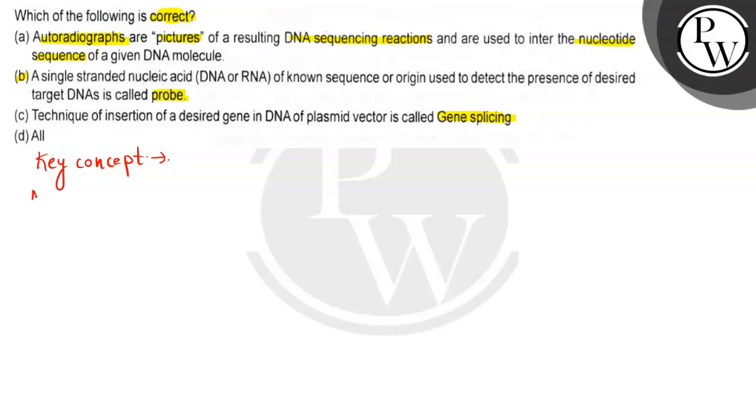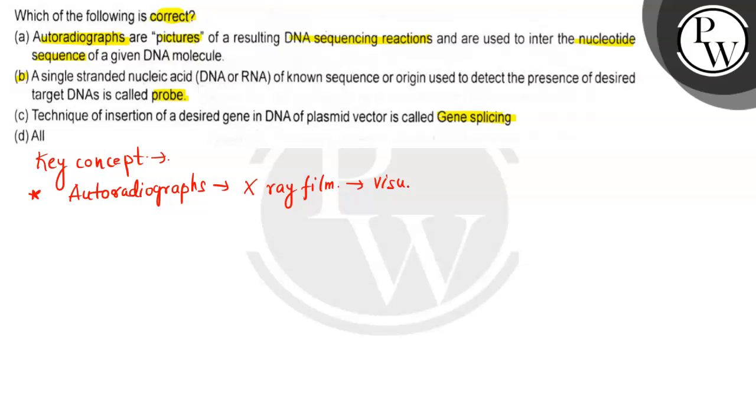If we look at statement 1, it is regarding autoradiographs. Let us understand what we mean by autoradiographs. In this technique we basically use the X-ray film in order to visualize the molecules.